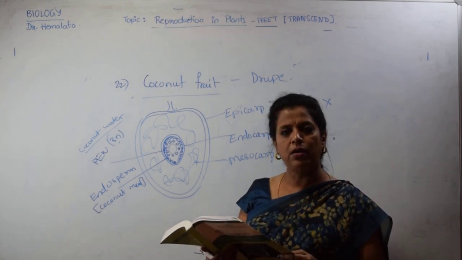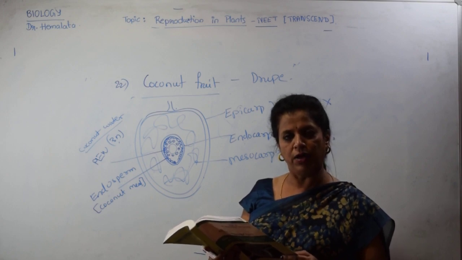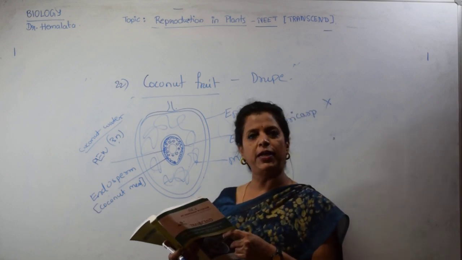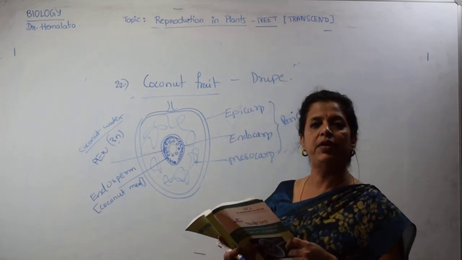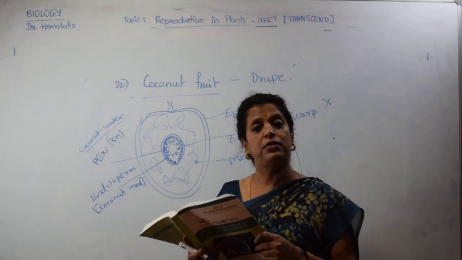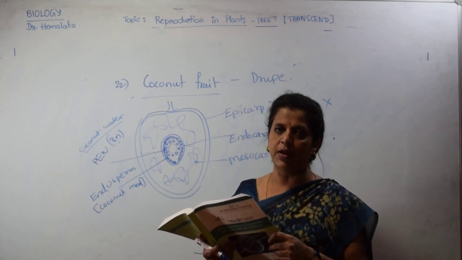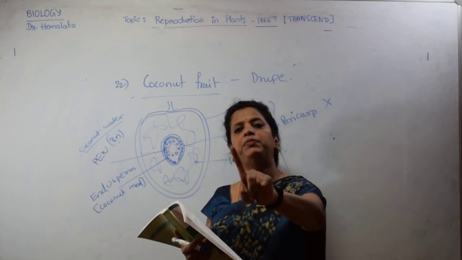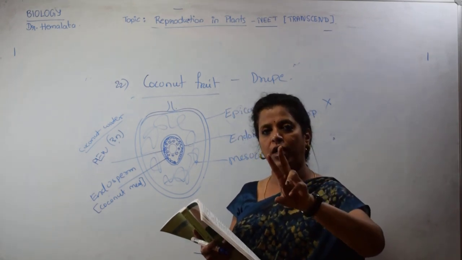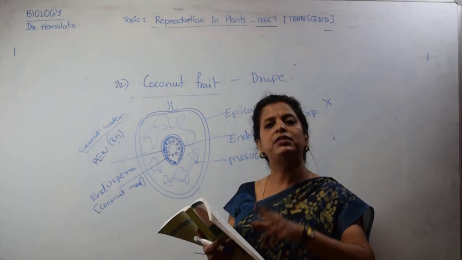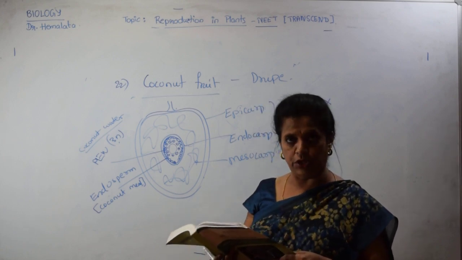The answer will be Navaschin, because he is the first person to show double fertilization in angiosperms, which is a characteristic feature of angiosperms which will never happen in other plants. Like gymnosperms or any other plants, it will not happen. Only angiosperms have this property of undergoing fertilization twice, 2 times. That's why it was first discovered by scientist Navaschin.